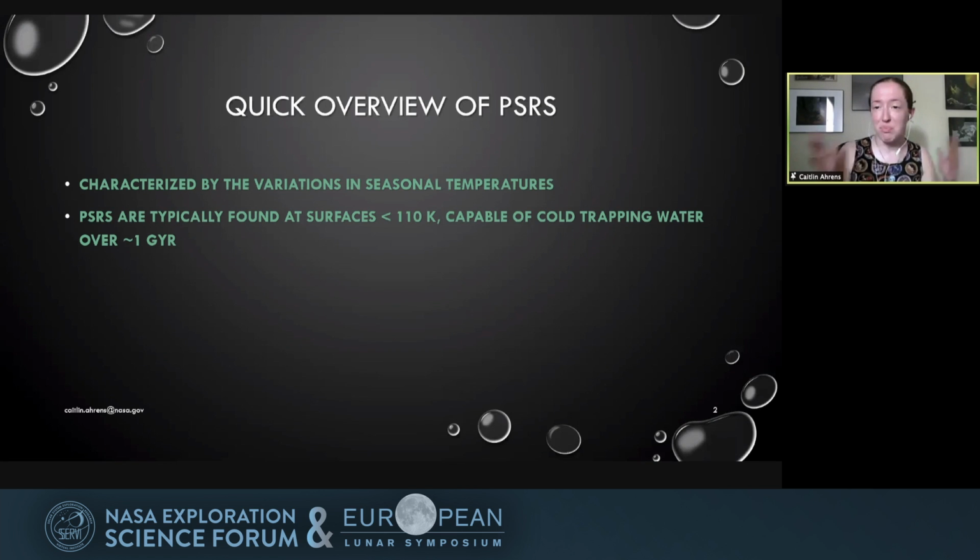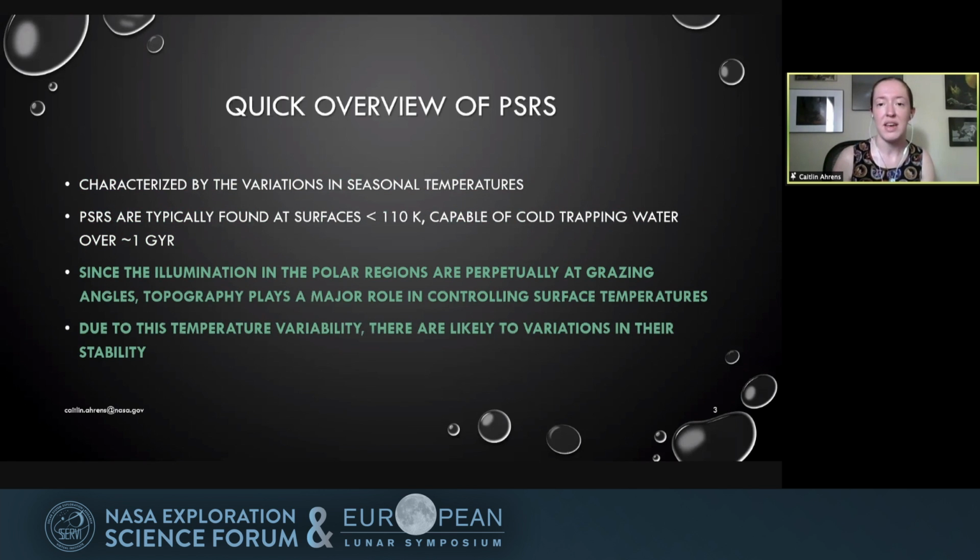So really brief overview, these are just really, really, really cold spots. They will have variations in seasonal temperatures, typically below 110 Kelvin, but some areas can go up to at least 250 Kelvin and then all the way down to 30 Kelvin. So huge swath of temperatures, but I'll get to why that's actually very interesting in a bit.